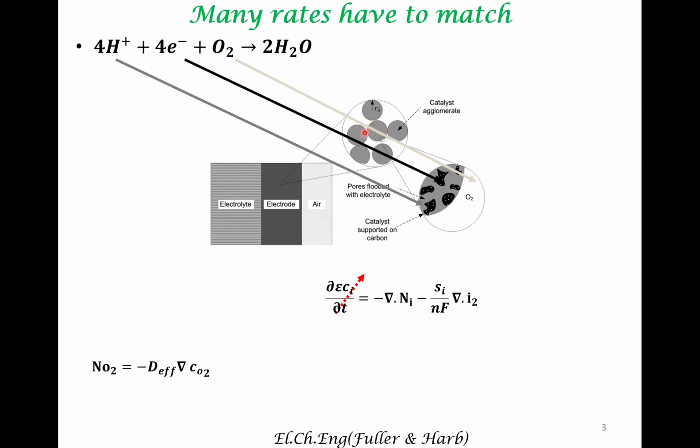So the concentration of O2 is not uniform. So that is one of the main things which we want to be looking at here. What are the consequences when there is a significant inhomogeneity in O2 concentration? How does it affect the performance of this porous electrode?